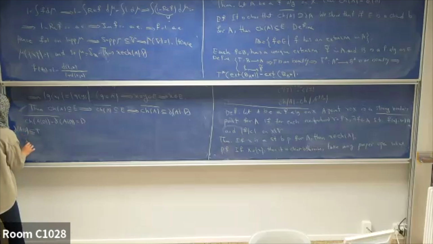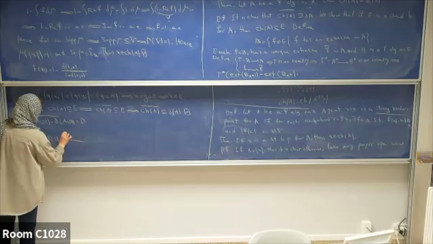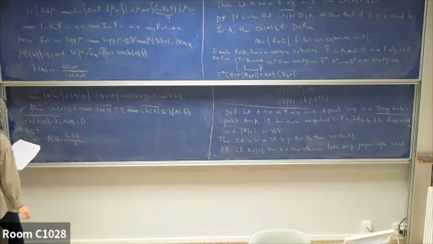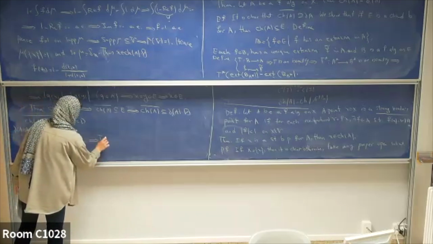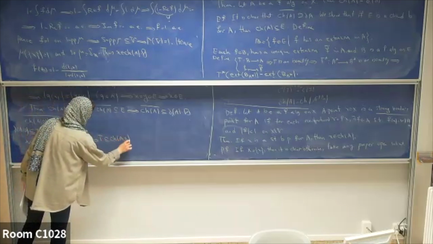And for each lambda 0 in T, the function like here shows that each point of T should be in the Choquet boundary of the disk algebra.